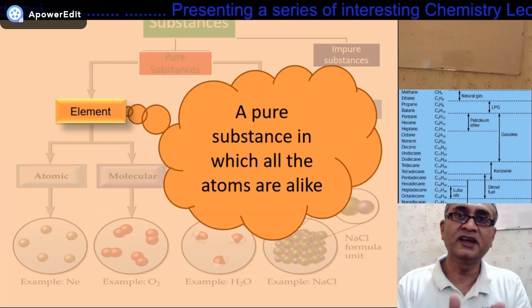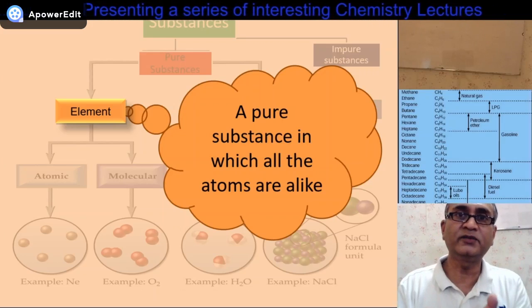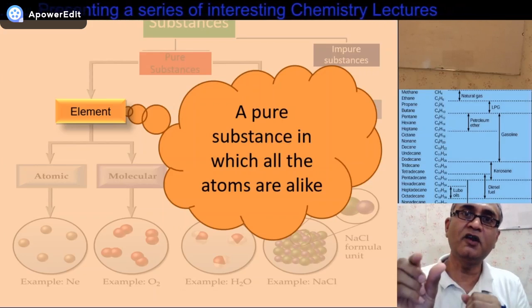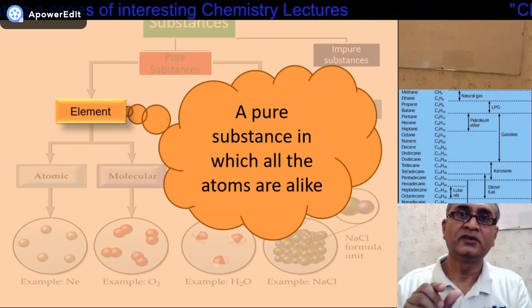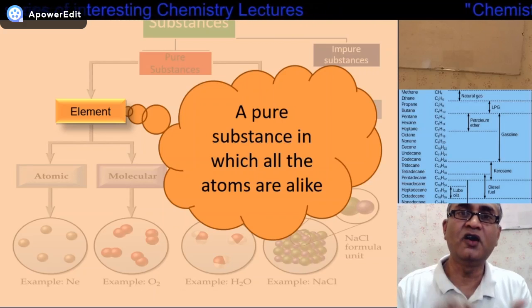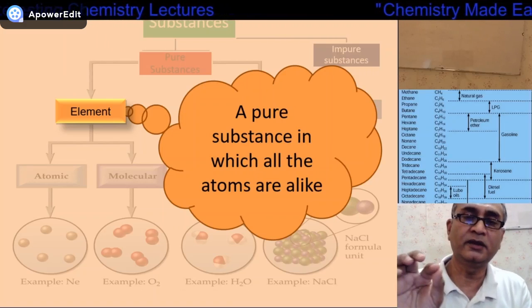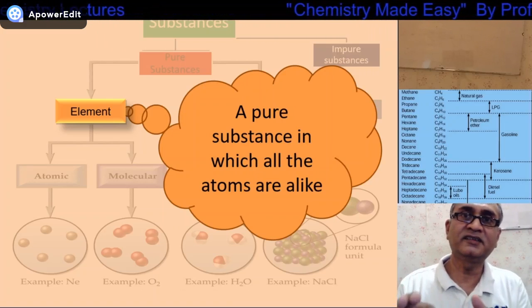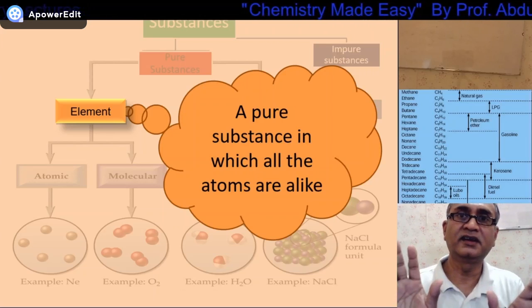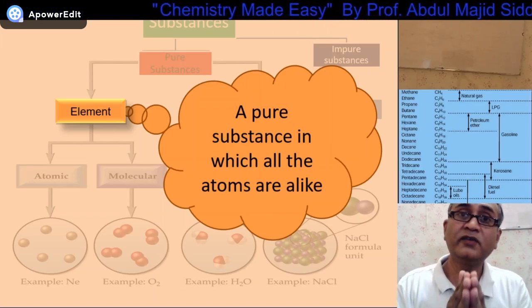So if you have a substance in which all the atoms have the same atomic number, then we call that substance an element. An element is something in which all the atoms have the same atomic number, the same number of protons, and the same characteristics and properties.